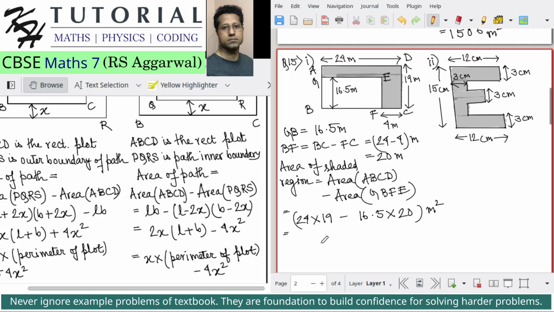Now, for doing the calculation, I will not do it manually. I'm using a calculator. I'm really sorry for this, but you must always do the calculation manually. Okay, so this is 456 minus this.